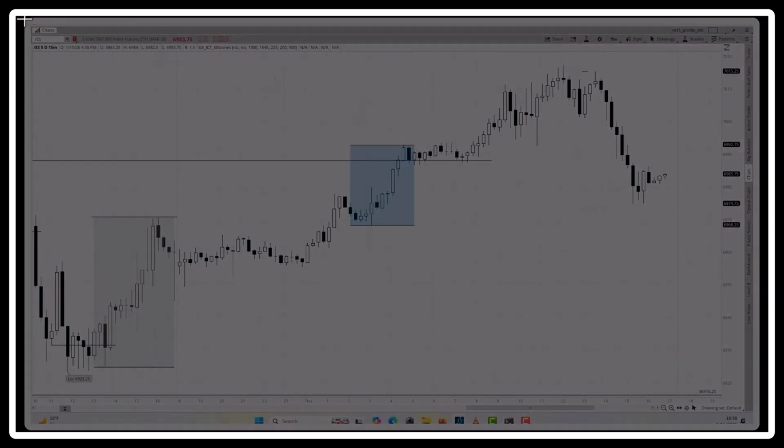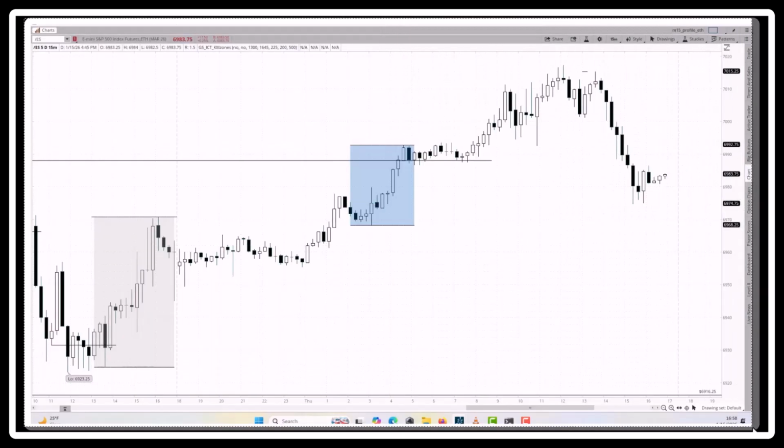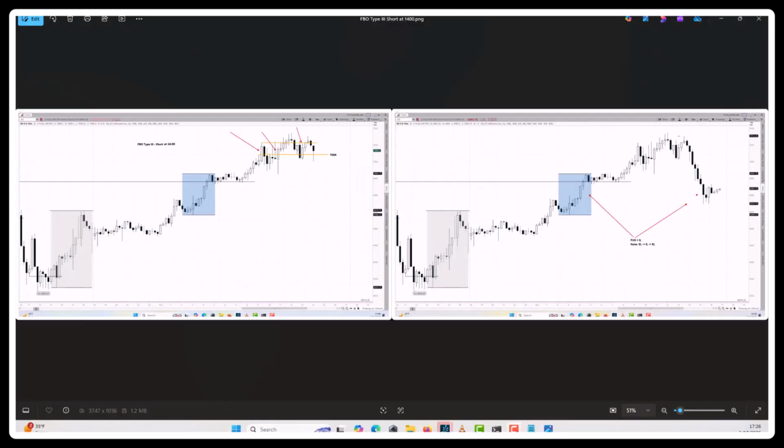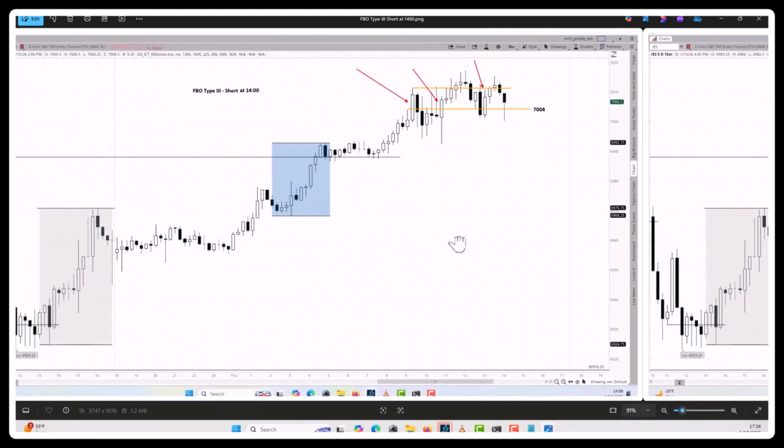Let's take this screenshot and see. So basically on Thursday we have a beautiful setup on the PM right there. Morning not much, but PM you have a 4 breakout type 3 right there.